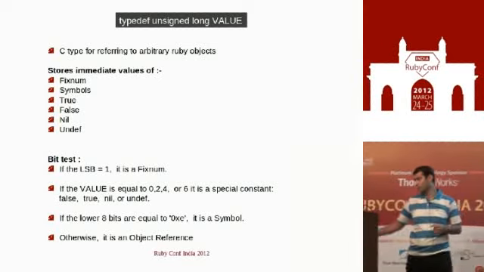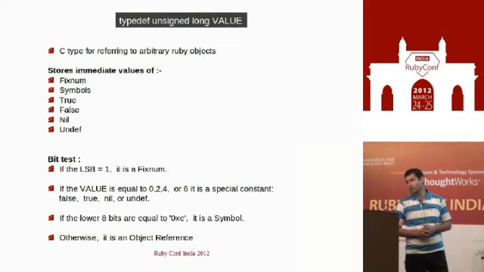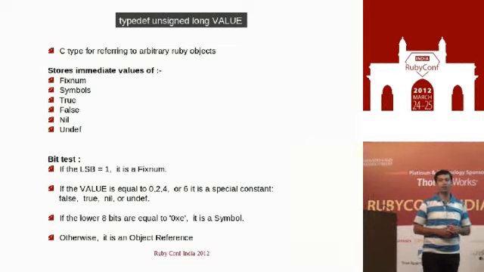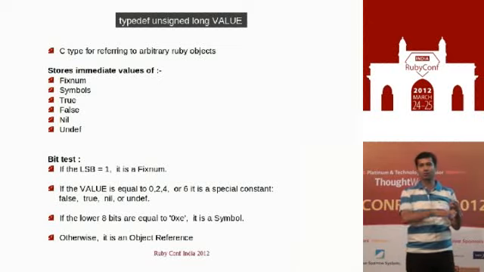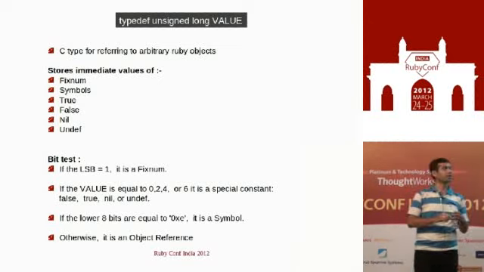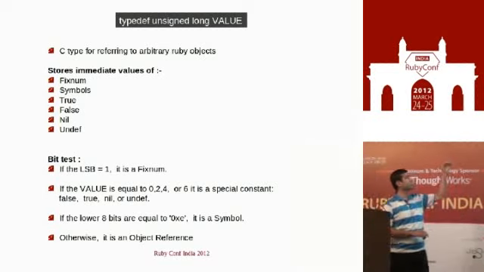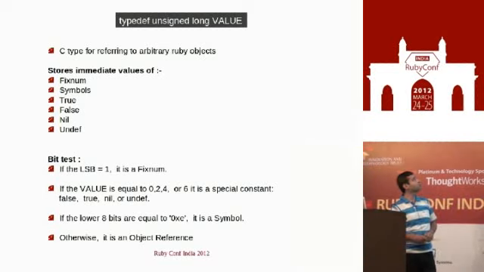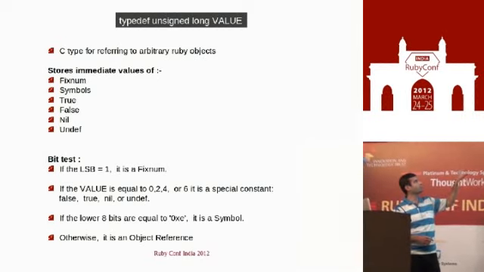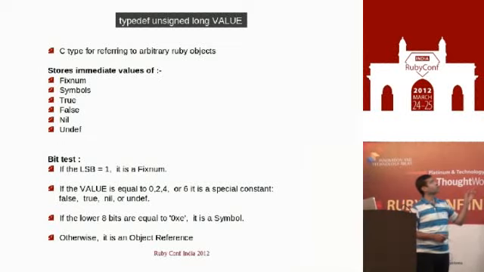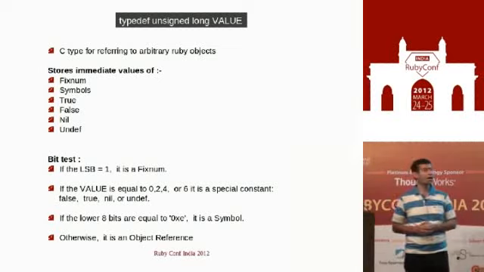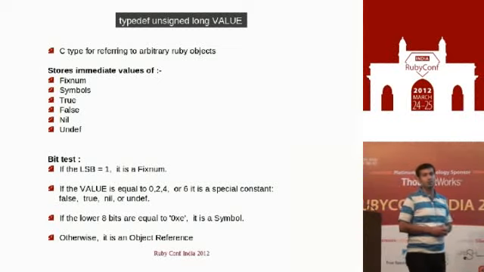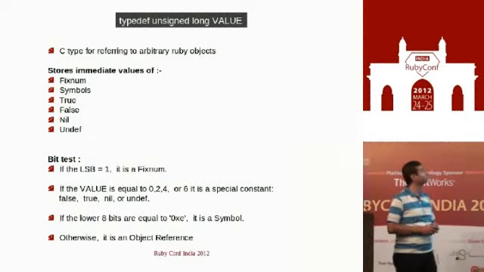So what Matz has done is, in this VALUE we have the pointers, basically the address of the object, as well as the immediate objects. What are these immediate objects? Fixnum, symbols, true, false, nil and undef. Undef is a type which is used internally by the interpreter. These kinds of objects are actually stored in the VALUE itself. So it saves memory, it saves execution time, and it doesn't actually hamper the real object model.